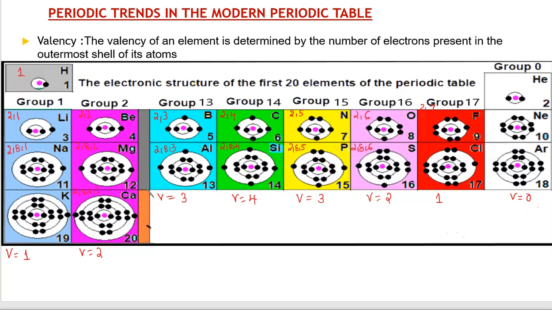It needs 7 more electrons to complete the octet. Receiving 7 electrons or giving 1 electron, which is easy? Giving 1 electron. If it gives up 1 electron, then only 2 electrons will be there in the K shell. The K shell is completely filled. The K shell maximum capacity is 2, so it will be stable.